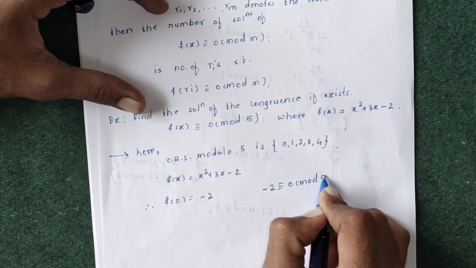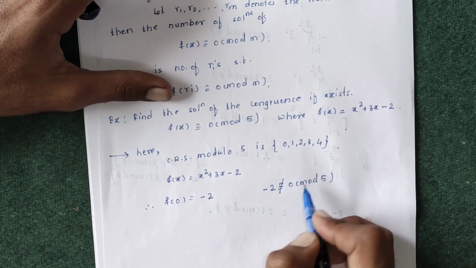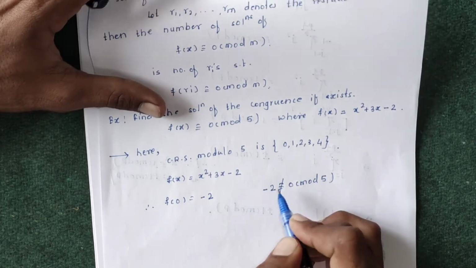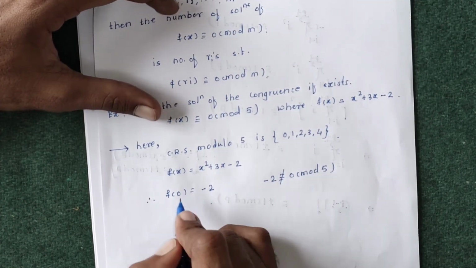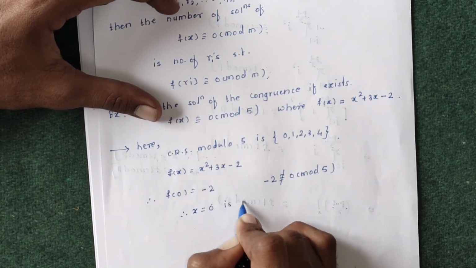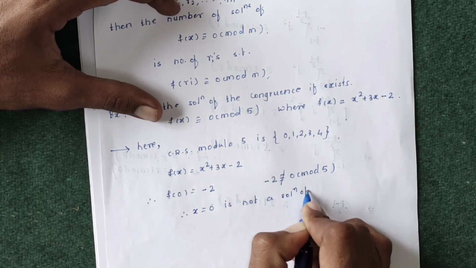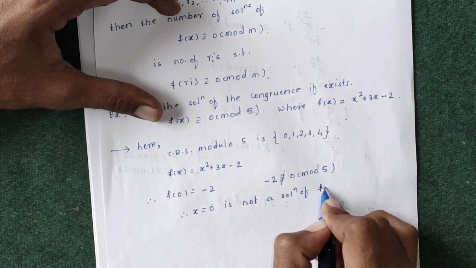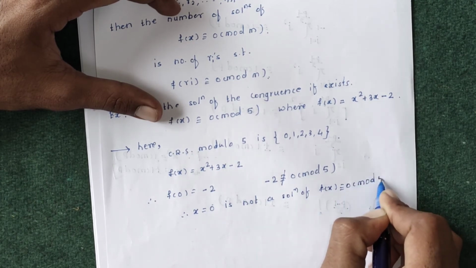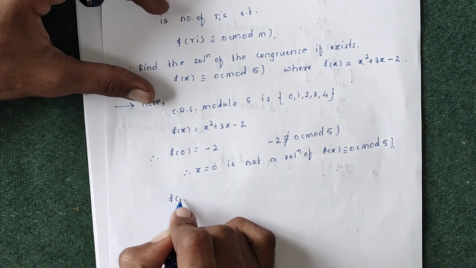Minus 2 is not congruent to 0 under modulo 5, since minus 2 minus 0 is minus 2 and 5 does not divide minus 2. So x equals 0 is not a solution of f of x congruent to 0 modulo 5.